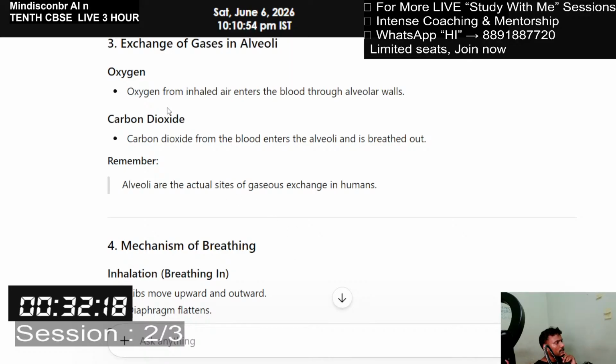So oxygen from inhaled air enters the blood through alveolar walls, and carbon dioxide from the blood enters the alveoli and is breathed out.